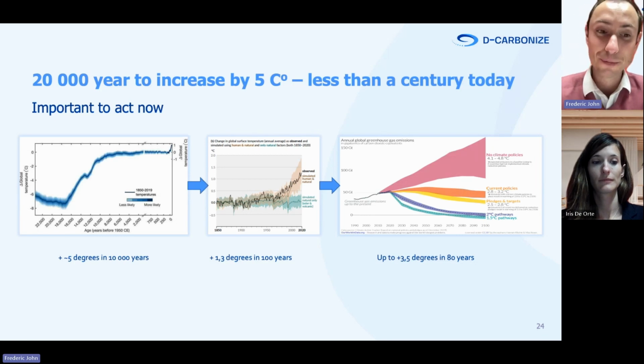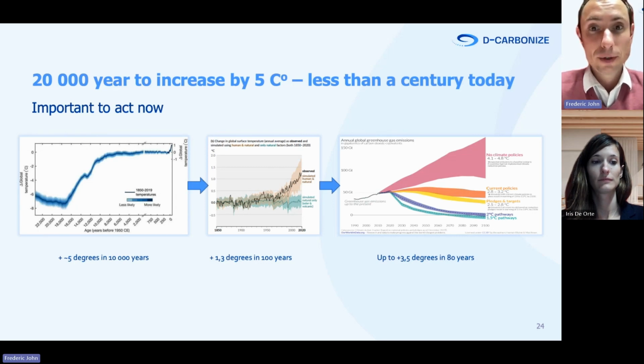So if we step back a bit, I'll try to share with you a bit of climate history. If we go back 20,000 years, we had a delta of -5, -6 degrees. And as you can see on the visual on your left-hand side, it took 10,000 years to warm up by +5 degrees.